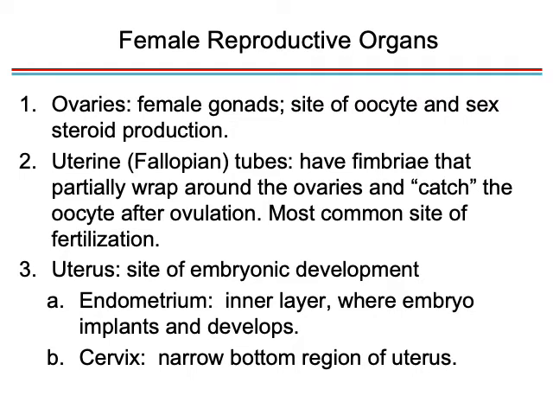Okay, so again, there are the female gonads known as the ovaries. Ovaries are the site of oogenesis and the production of eggs, as well as sex hormone and pregnancy hormone production.